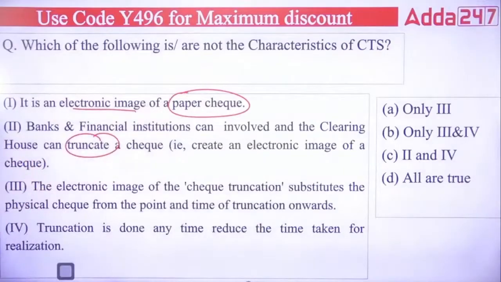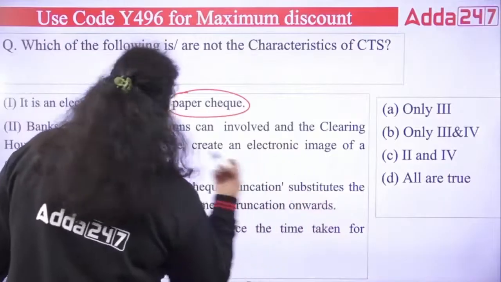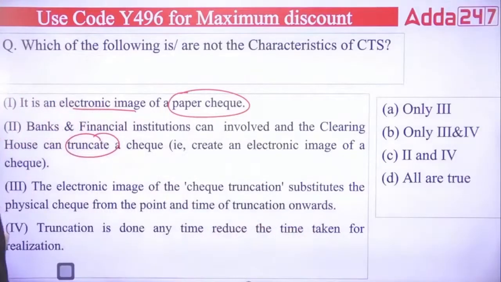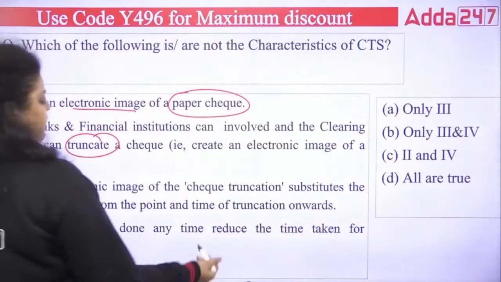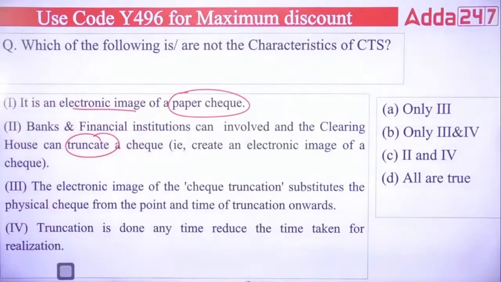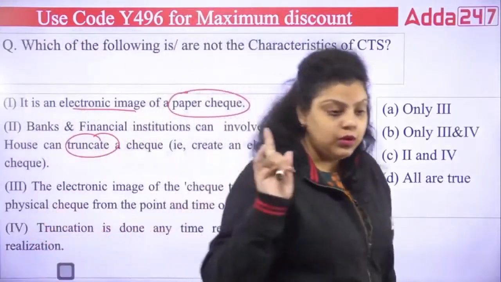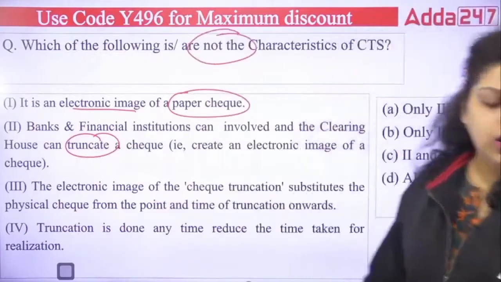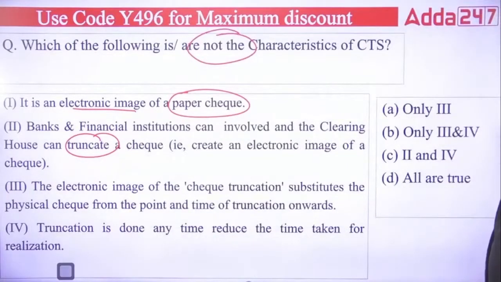Truncate means creating an electronic image of a check or stopping the physical movement of check. Third: the electronic image of the truncated check substitutes the physical check from the point and time of truncation onwards. Fourth: truncation is done at any time, reducing the time taken for realization. So out of these 4 characteristics, which of the following is not a characteristic of the CTS? A, B, C or D?